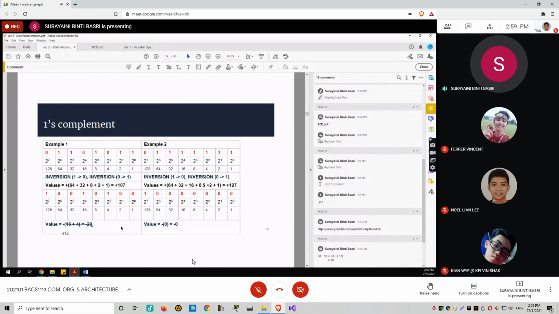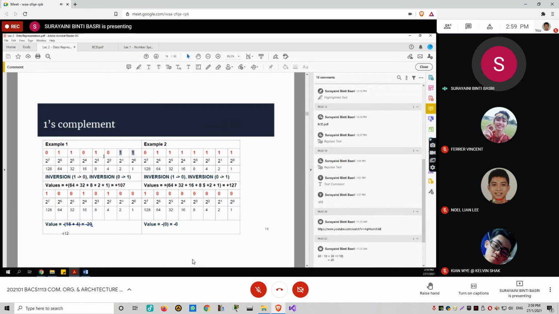This is the example of the one's complement. For the positive number of this value, which is the 1s or 0s, we will not change anything, but to get its negative value, we will need to invert each of these.